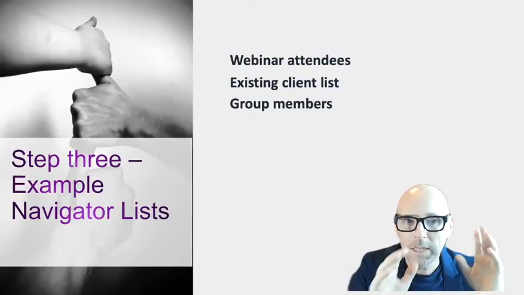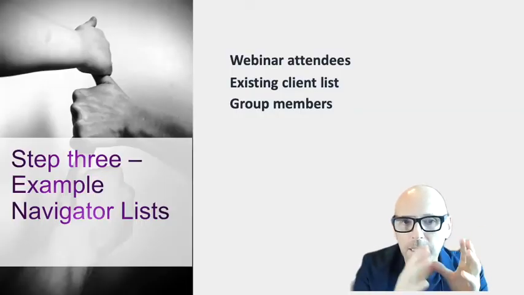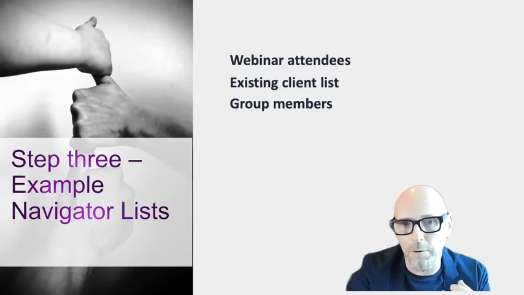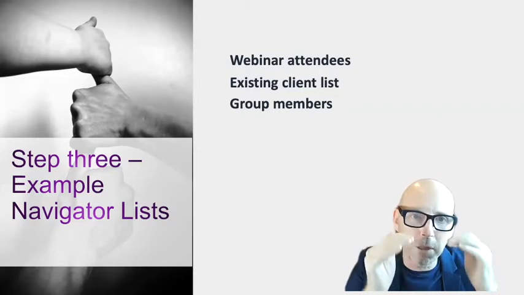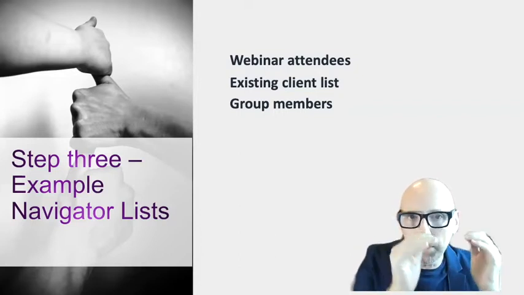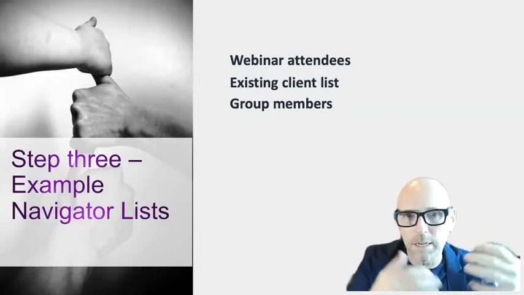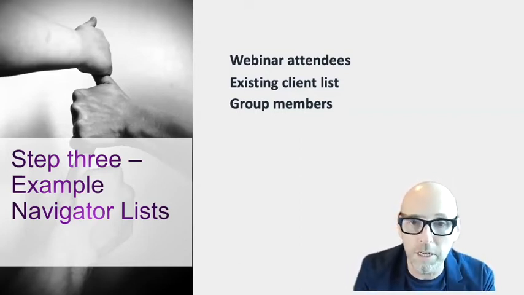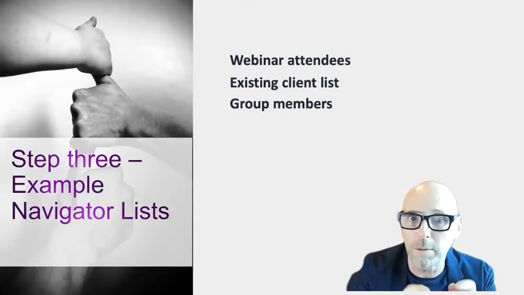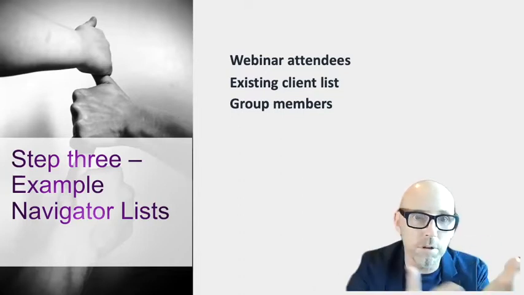Okay, so step 3: examples of lists and building lists out. The thing with Navigator is that it allows you to build lists, and then it allows you to look at the lists and see what's in there. I'll show you what I mean in a second. Webinar attendees, you're all in here today. I'll show you where you are. You're attending the webinar, we know you're on Zoom, we've got it there.